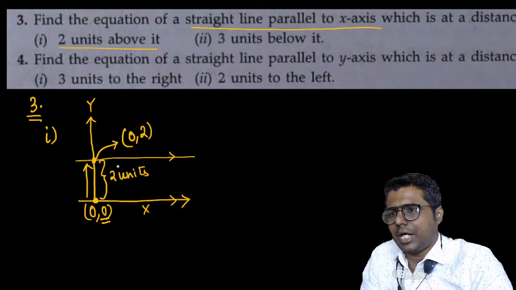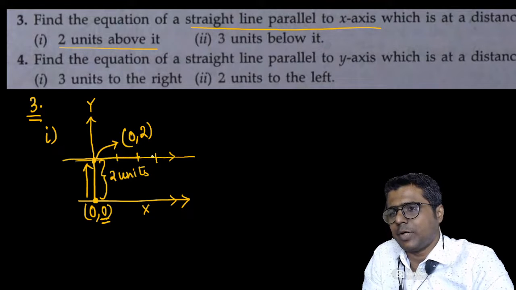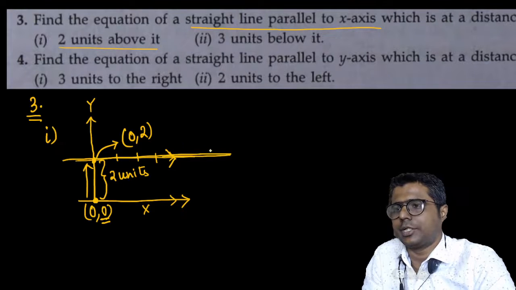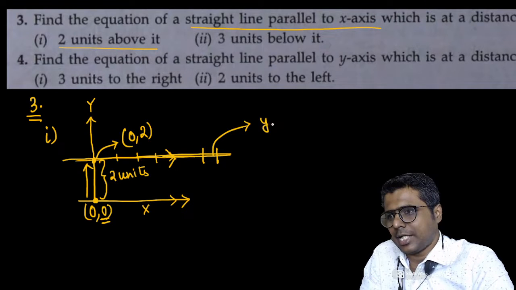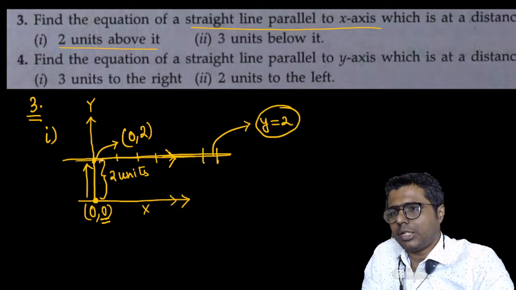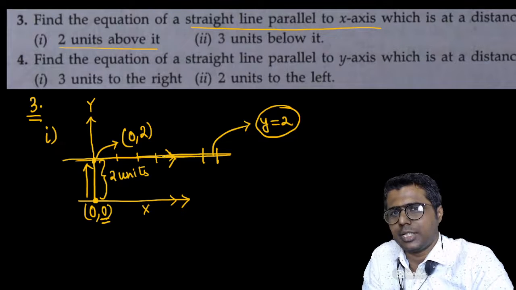Now if you see this line, all the points on this line will have the same y coordinate. So I can easily find the equation of this line as y is equal to 2, because all the points on this line have the same y coordinate value, that is 2.